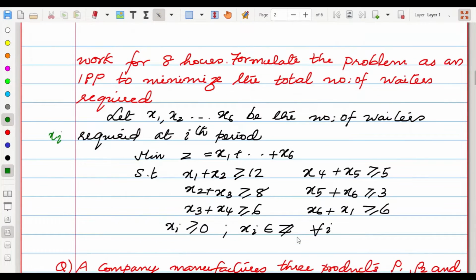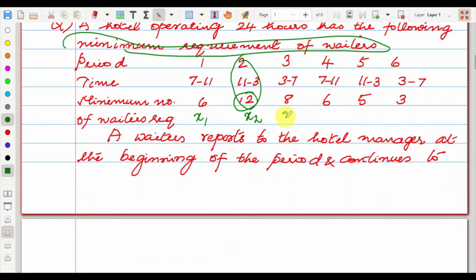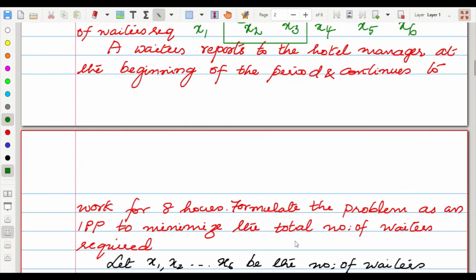So x1 plus x2 must be greater than or equal to 12. And this is x3 and this one will be x4. This is x5 and this is x6. So during this time we are having x2 plus x3, that is we are having 8 workers here. So our next constraint is x2 plus x3 greater than or equal to 8.